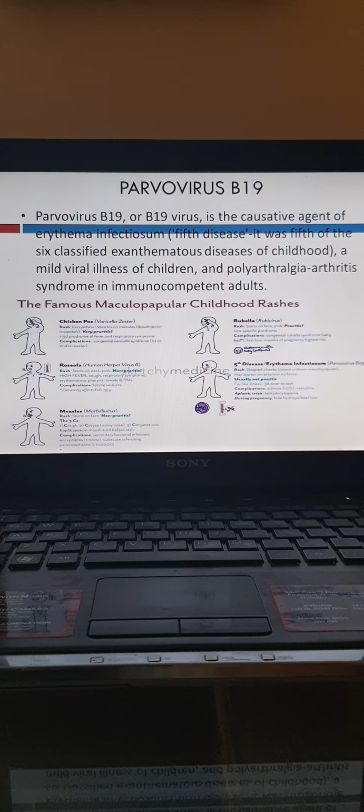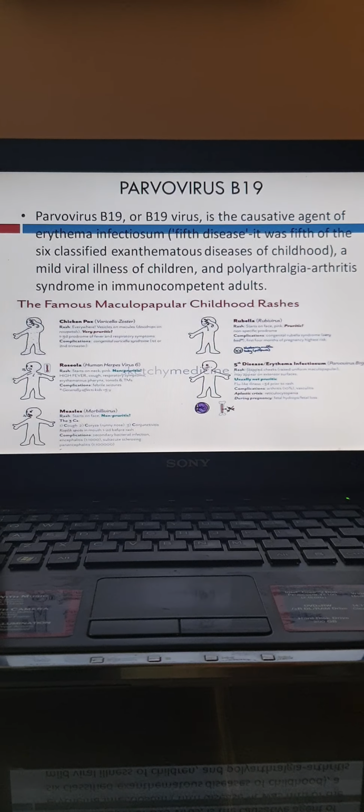So parvovirus B19 or B19 virus is a causative agent of erythema infectiosum, commonly also called fifth disease, because it was the fifth of the six classified exanthematous diseases of childhood, which means it presents as a mild viral illness of children, with an erythematous rash, and there is a polyarthralgia or arthritis syndrome which is seen in immunocompetent adults.